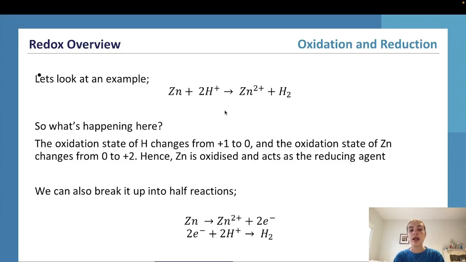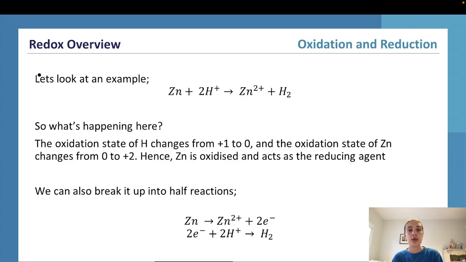And so then we need to look at what's being oxidized and what's being reduced. This is where it can get a bit tricky, in that you need to pay a lot of attention to the detail and remember that what is being reduced is gaining electrons, and what is being oxidized is losing electrons.